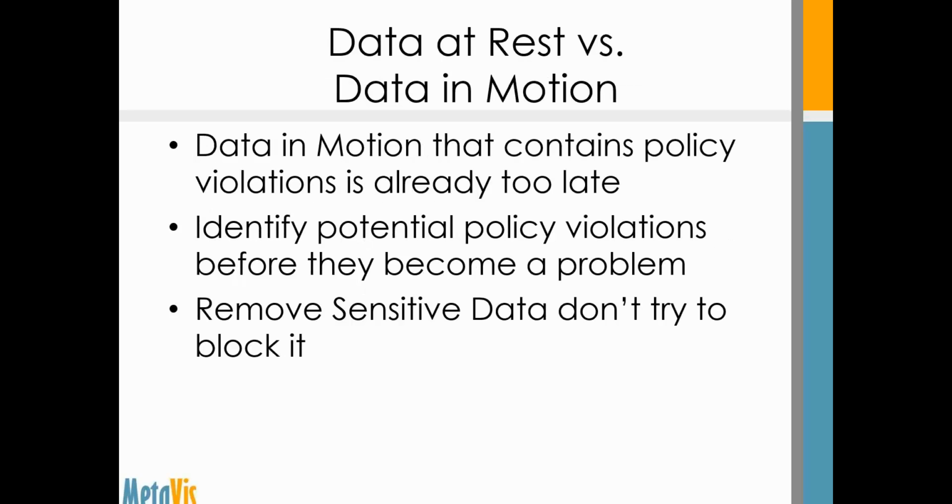I also want to talk about data at rest versus data in motion. Large organizations typically have security devices that block things, called DLP systems, for data leakage or data loss prevention. They try to block things when people send sensitive data like an account number, a routing number, or your email.